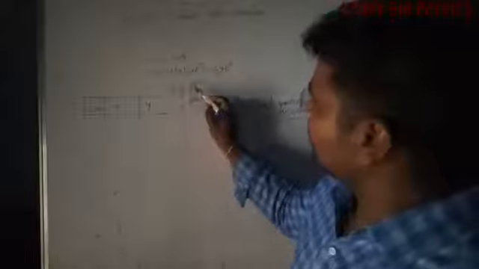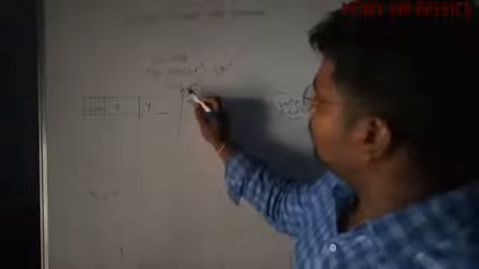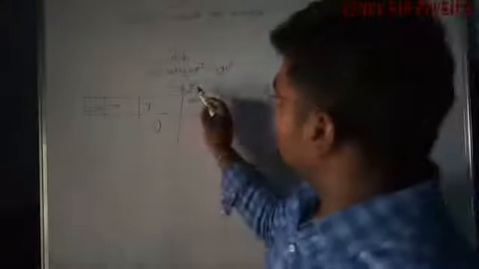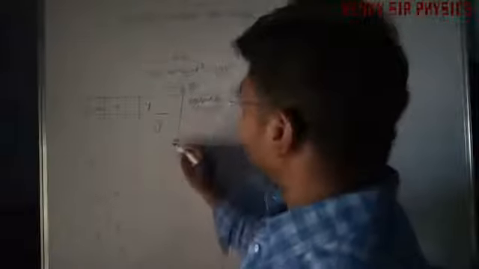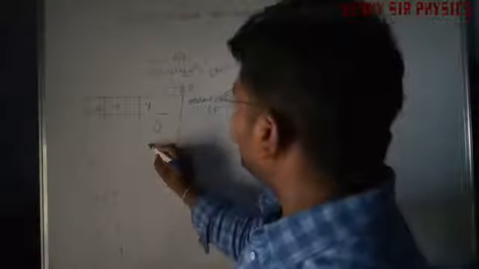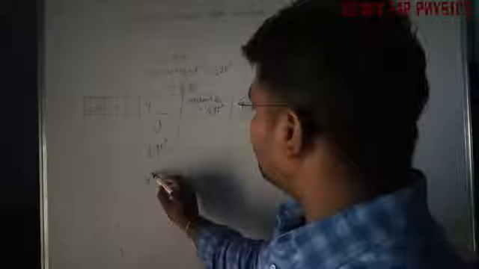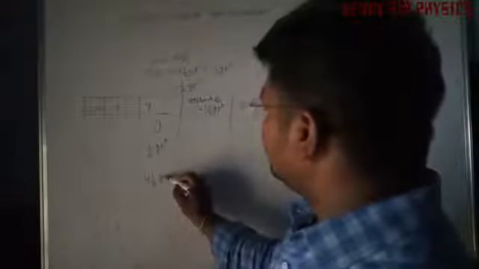Instead of t we take 0, which gives 1/2 g 0 square, that is 0. Next, substituting t as 1 gives 1/2 g t square. Next, substituting 2t gives 4 times 1/2 g t square.